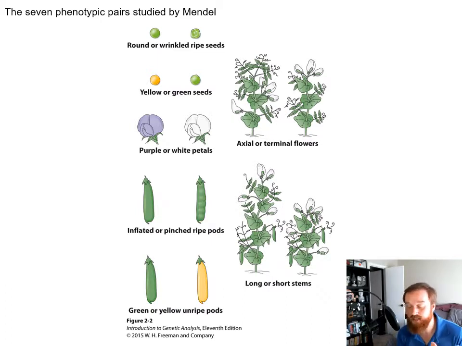So if you take a pea plant that is round, or round peas versus these kind of wrinkled peas, if you take a round pea plant and you self it, or you make it pollinate itself, then all of the offspring will have that same round phenotype. Similarly with any of these other traits, so purple flowers, if you took a purple flowered pea plant and you pollinated it itself, you would have purple flowered offspring as well.